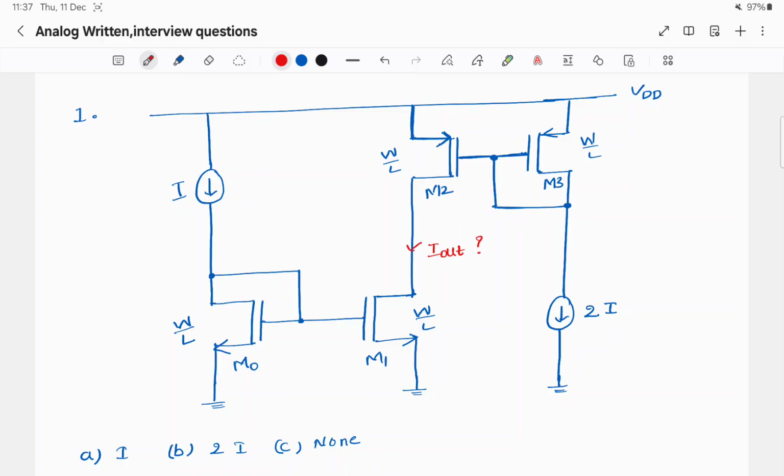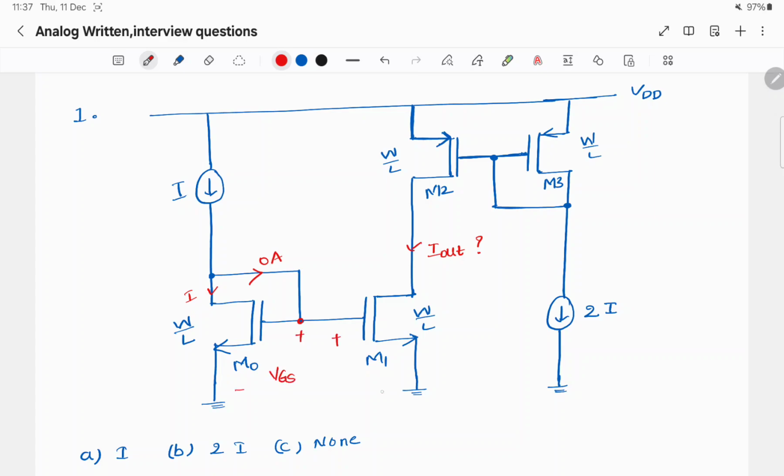Coming to this question, we'll see what is the current flowing out. Here we can see that the current flowing here is I, here 0 amps will flow, so this will have a VGS.